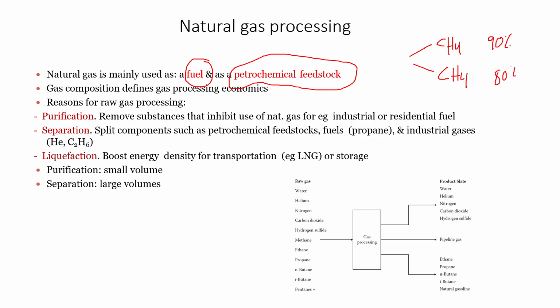This means that the one with 90% CH4 will have better economy compared to the 80%, because the 90% CH4 means the remaining 10% includes all the other heavy fractions and the CO2 and N2, while the 80% might include a high percentage of CO2 and N2, which means that you need to remove this portion of material in order to improve the quality of the gas.